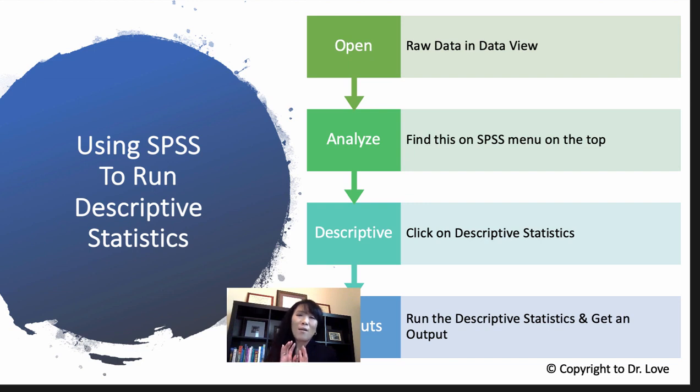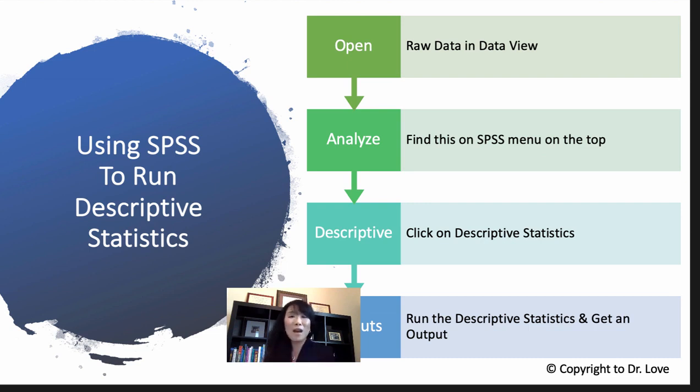So, what are we doing next? We're going to use SPSS to run descriptive statistics. By now, you probably read your textbook and learned about what biostatistics is, as well as what descriptive statistics may be. As the term descriptive statistics suggests, it's very informative.